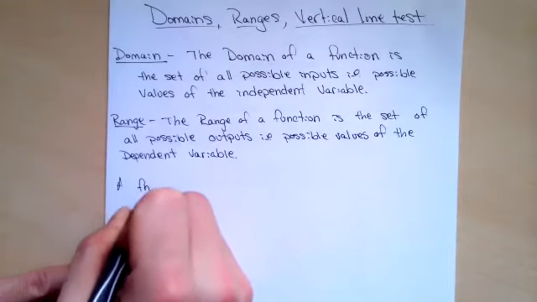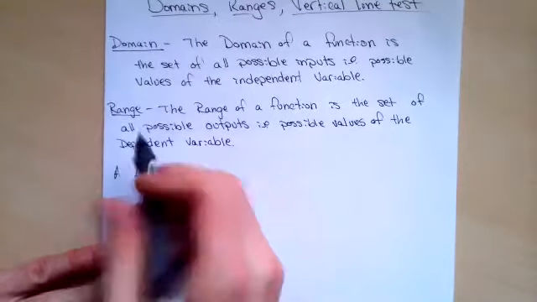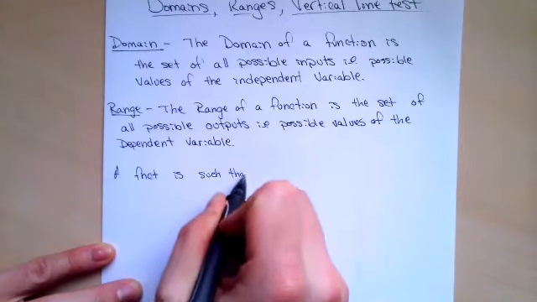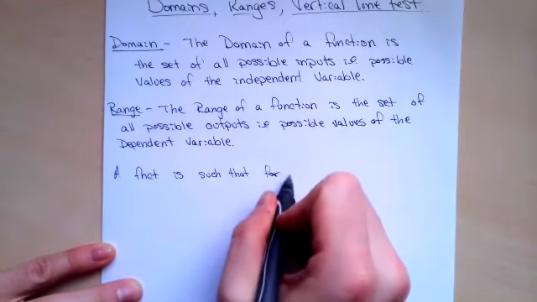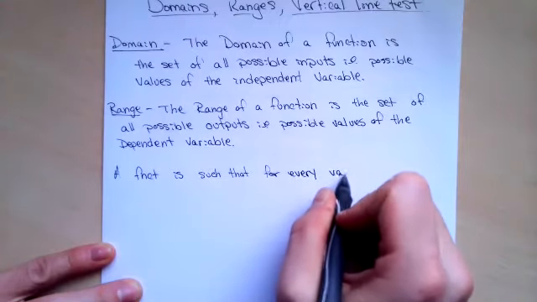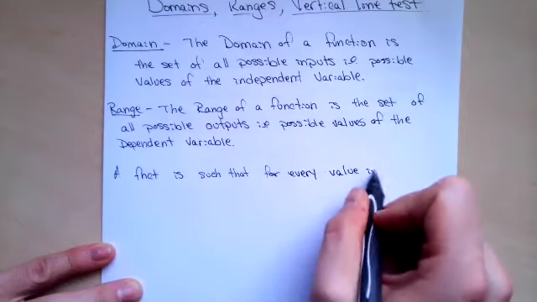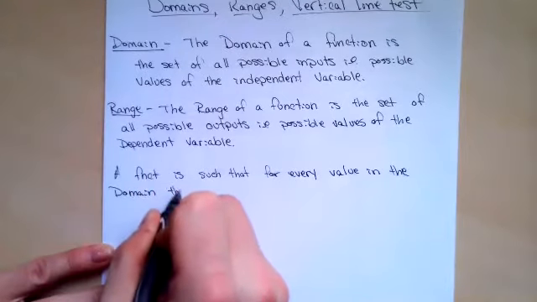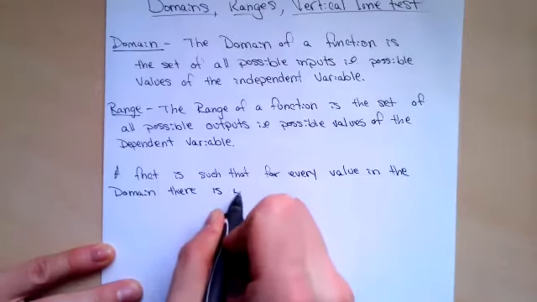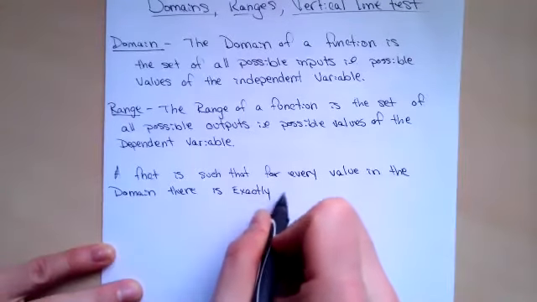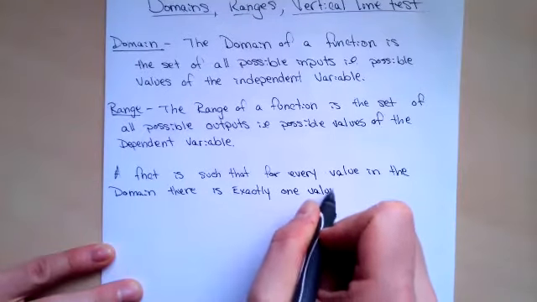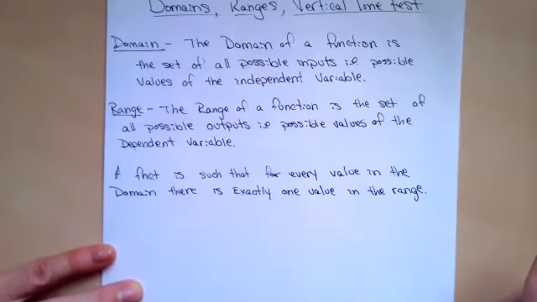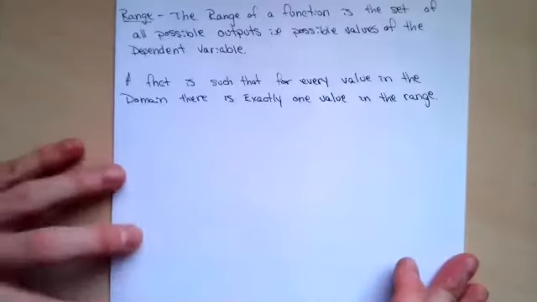A function (I'll abbreviate function FNCT) is such that for every value in the domain, there's exactly one value in the range. Examples.